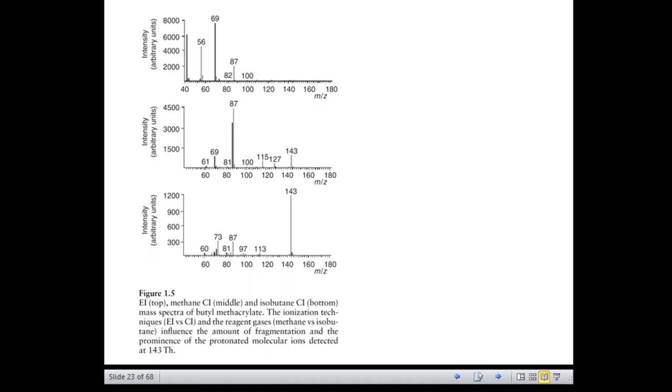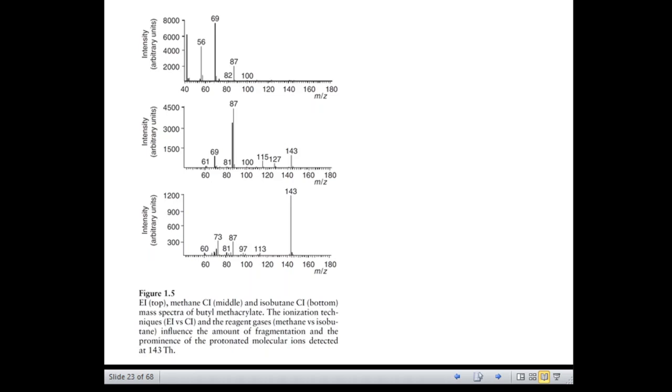If you carefully observe all three spectra, the electron ionization spectra of butyl methacrylate displays a very low molecular ion at m/z 142, which we actually cannot see.